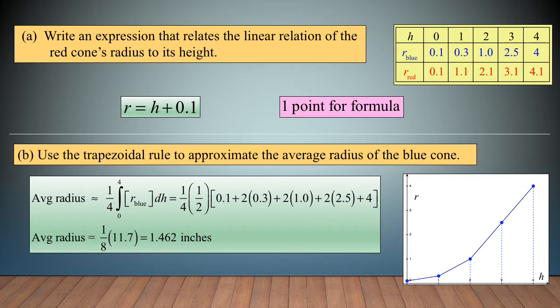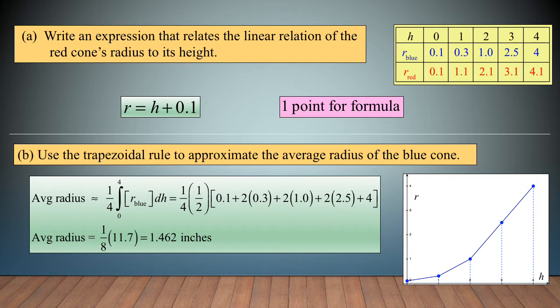So when we're asked to find the average radius, we are simply asked to find the integral, which is the area under the curve, divided by 4. So the average radius is 1/4 the integral from 0 to 4 of r blue dh.